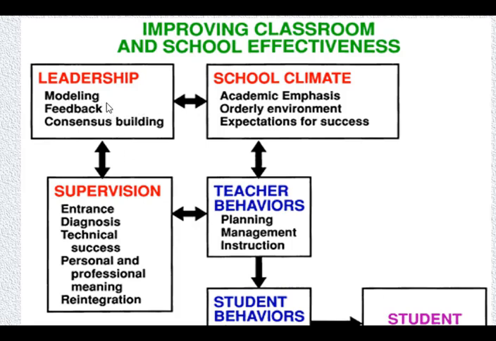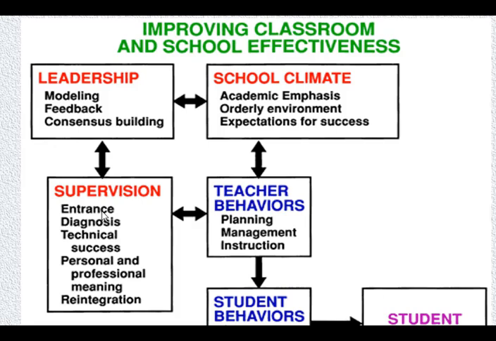The teacher, the leader in other words, also has the responsibility to supervise the students, to make sure the students are on the appropriate levels. Entrance testing, diagnosis, meaning making sure the students have the sufficient basis upon which to learn the materials, meaning integration, and these are all things that the teacher controls.